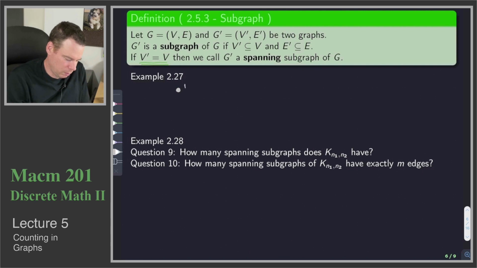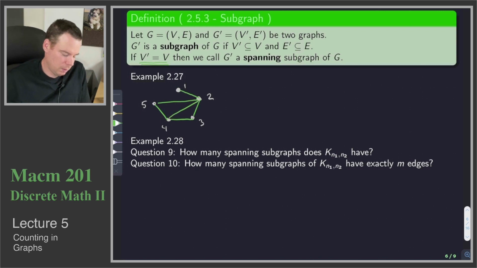So we've got maybe this vertex set 1, 2, 3, 4, 5, and here's our edge set. I'll just draw a few edges in here, something like this. So there's our graph G. And from this we can get a subgraph. So what's a subgraph of G?